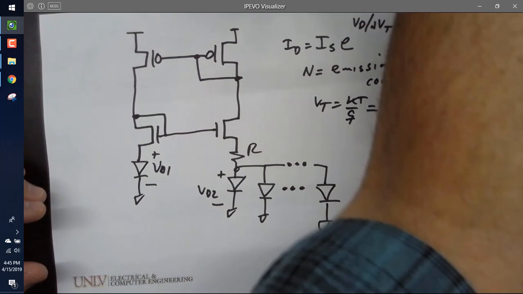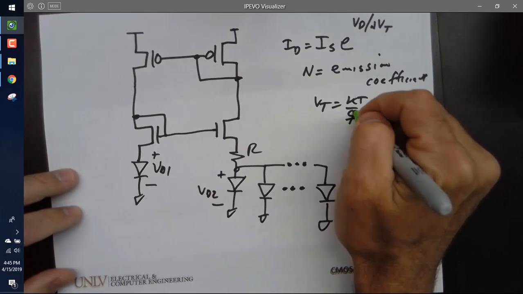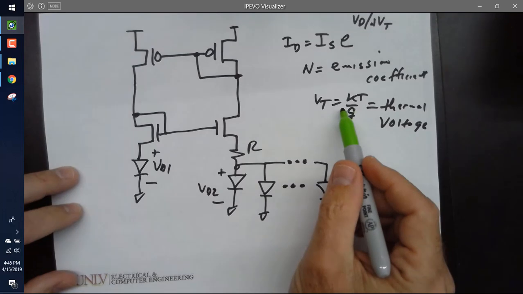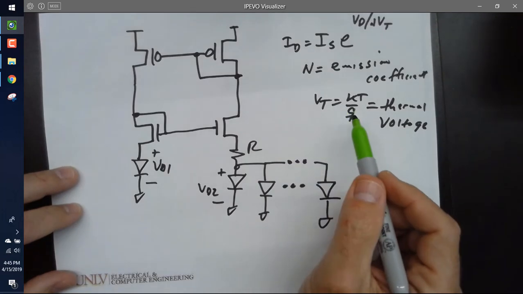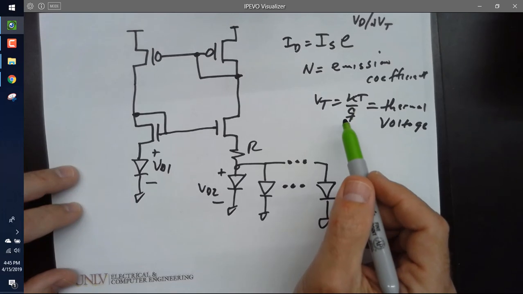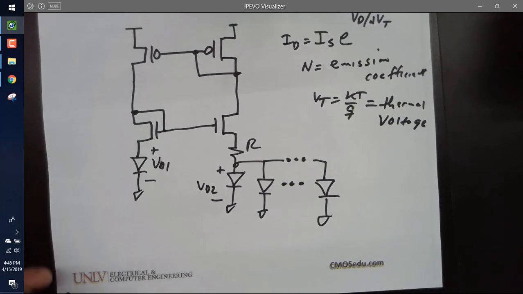What is that? KT over what? KT over Q. What is Q? I say it as if everybody knows. Charge, electron charge. Right? How's that Einstein's coffee? Not good enough, huh? Sleepy, sleepy, sleepy head.